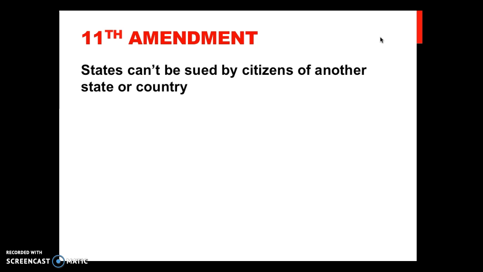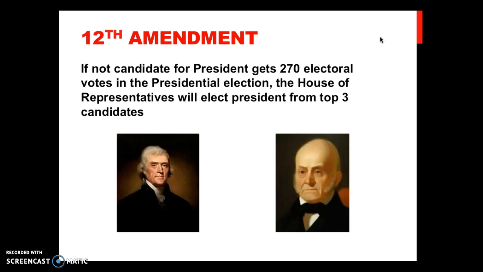And the idea behind that was so that individuals could not be suing other state governments, and weakening them by tying them up with all these court cases. Again, this one is not really super relevant to our discussions right now.